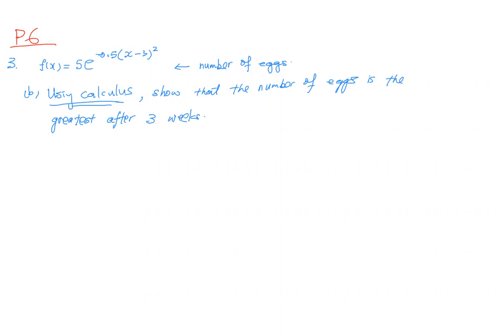Okay, when you have this word, the greatest, that means we say maximum. Global maximum. Okay, global maximum. So that means you are talking about f prime x equal to 0.